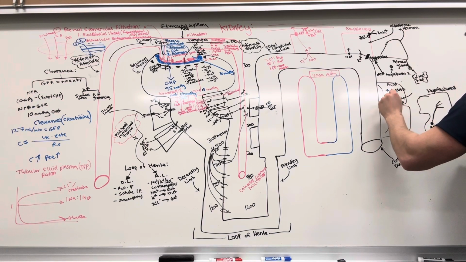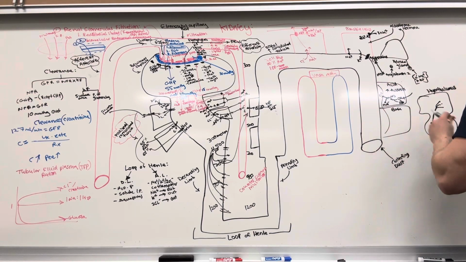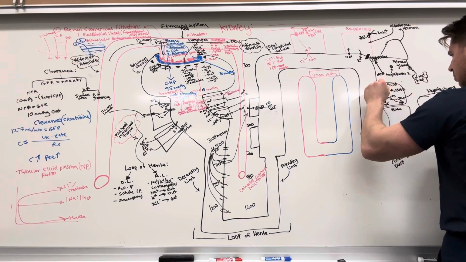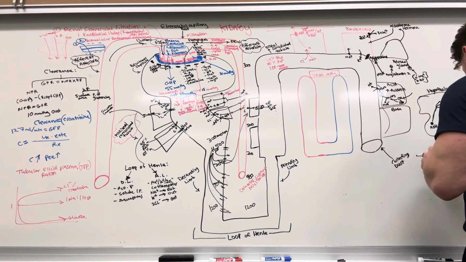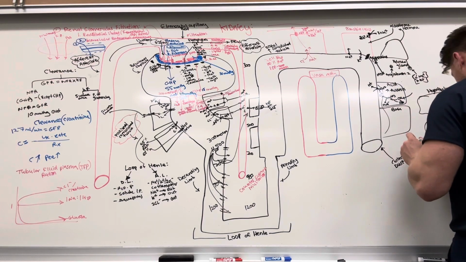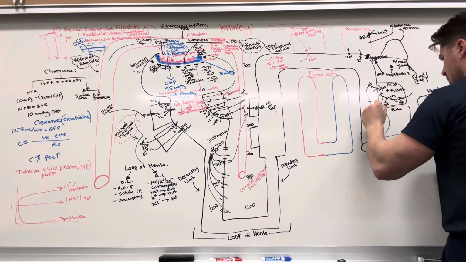That can split into HCO3 minus, bicarbonate, and hydrogens. Then the hydrogens will use a transporter, allowing potassium to come in and these hydrogens to come out. So we can secrete these hydrogen molecules, and then hydrogen can combine with ammonia and make ammonium.